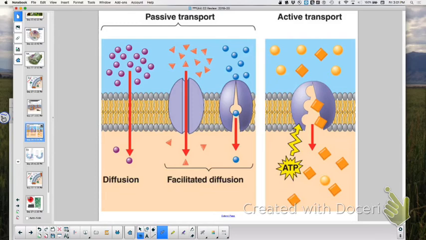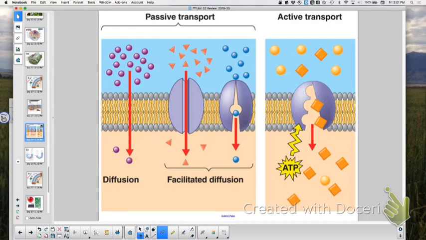Passive takes no energy. Active takes energy, right? And so, when it's passive, you're just going from a higher concentration to a lower concentration. Okay? If it is active, you're going from lower concentration to a higher concentration. You're going uphill because you're cramming them to one side of a membrane.